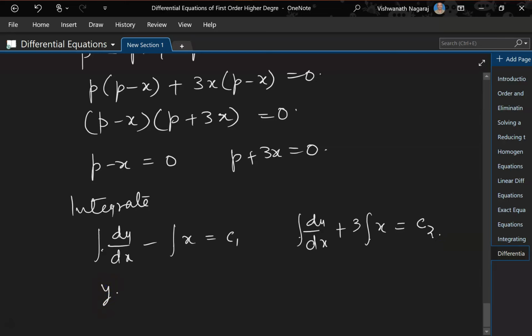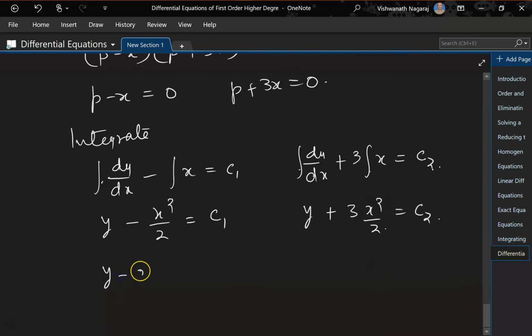This would be y minus x square by 2 is equal to c1. Here y plus 3x square by 2 equal to c2. Again y minus x square by 2 minus c1 is equal to 0. y plus 3x square by 2 minus c2 equal to 0.